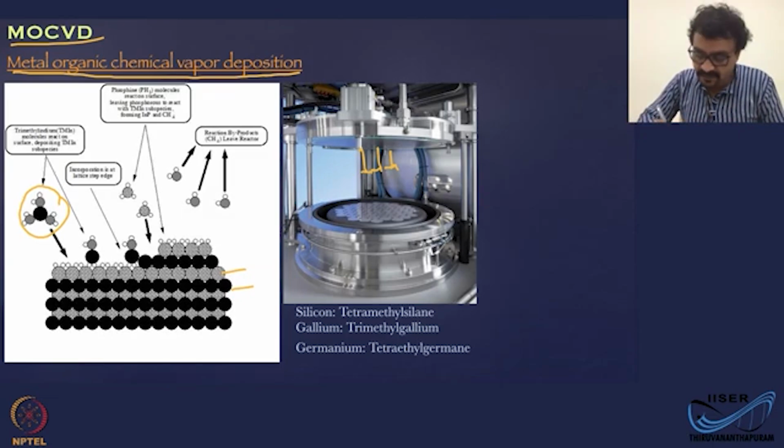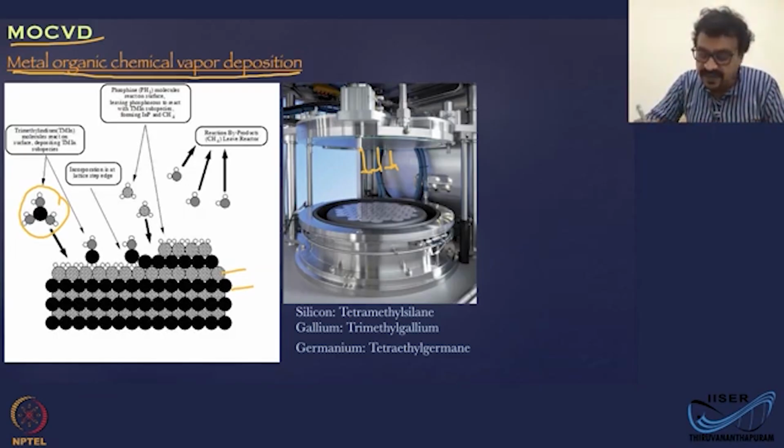Then you have a substrate holder which is kept hot, and the gases will hit the substrate where you are keeping all these wafers, which you can see as the circular thing on that hot surface.